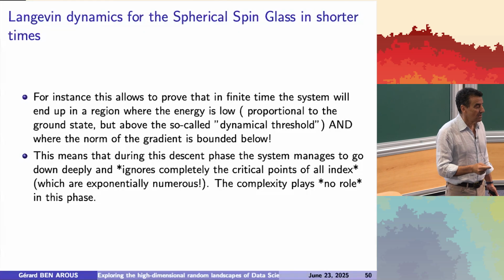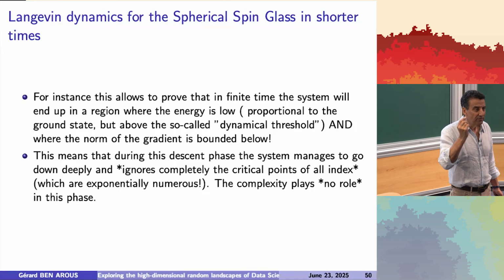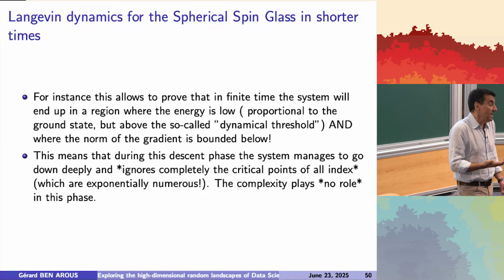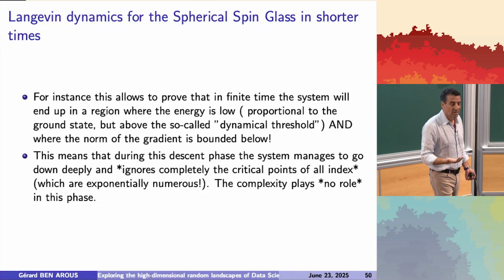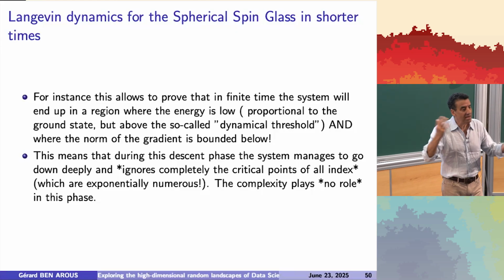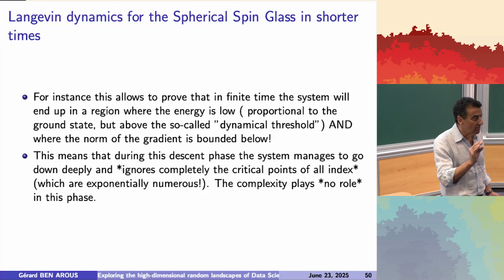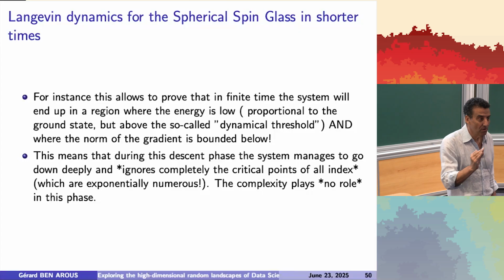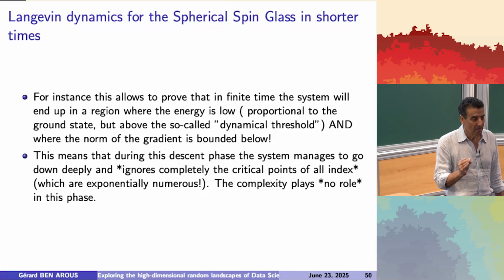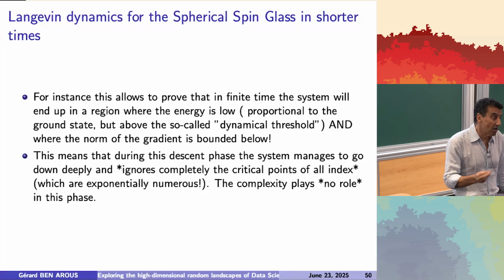Okay? So why is that? Why don't you ever find those things? It's because, in fact, it's again an entropy question. You may have exponentially many wells, whatever, but still the volume they occupy on the sphere is small. So if you start at random, finding a small region is hard.